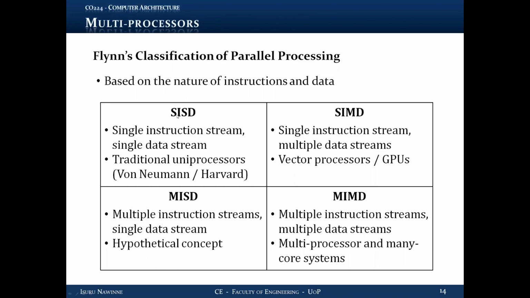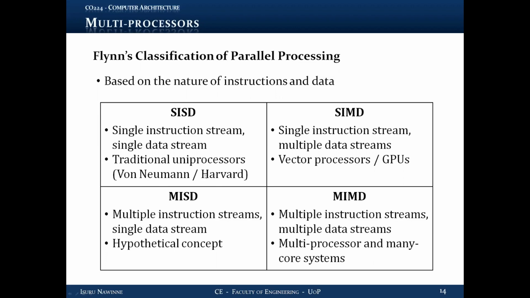So if you take the first one here, SISD, that stands for single instruction, single data. You have a single instruction stream and a single data stream. So these are traditional single processor systems like the von Neumann architecture or the Harvard architecture even.